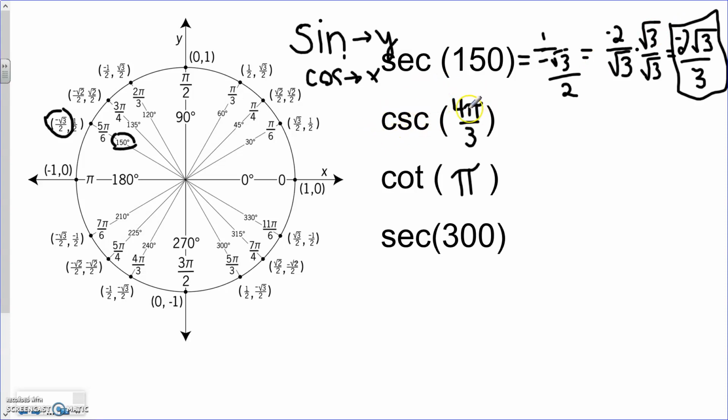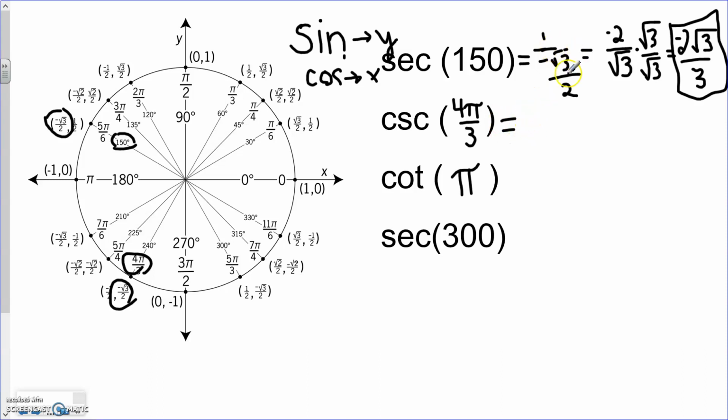Cosecant of 4 pi over 3. So on my unit circle here, here's 4 pi over 3. Cosecant is your y, right? It's 1 over sine, so 1 over your y. We got the same thing, negative radical 3 over 2. So again, it'll be the same thing like this previous problem here.